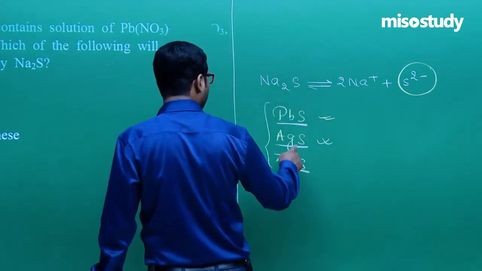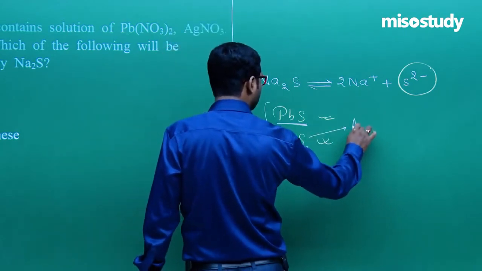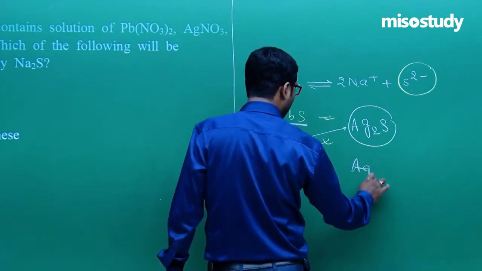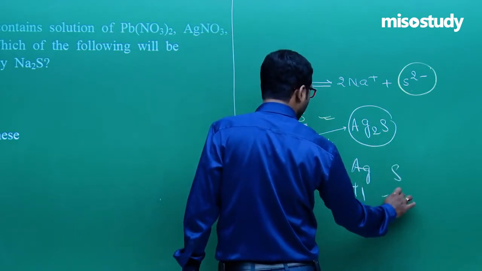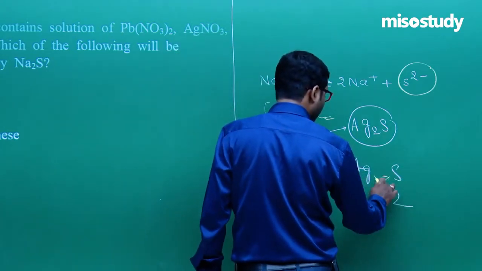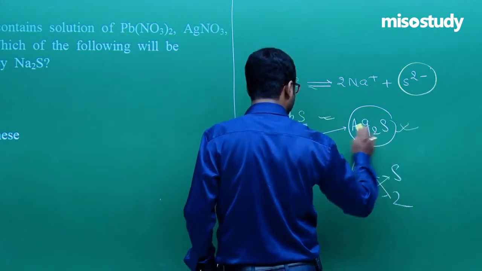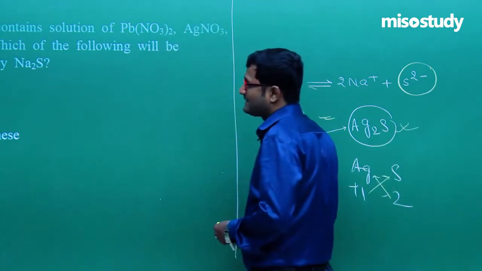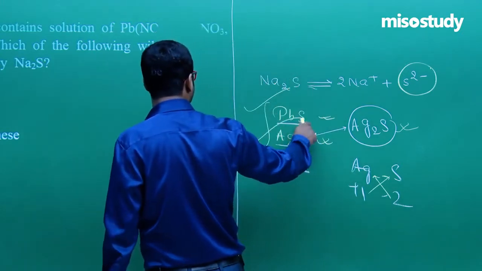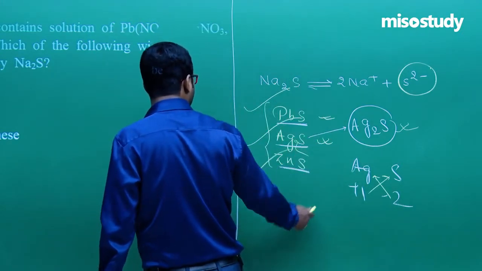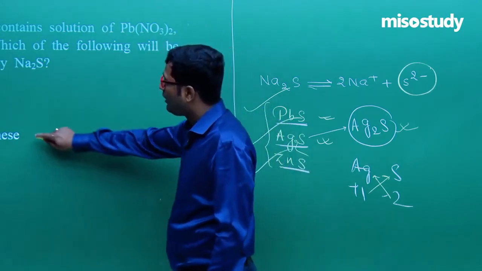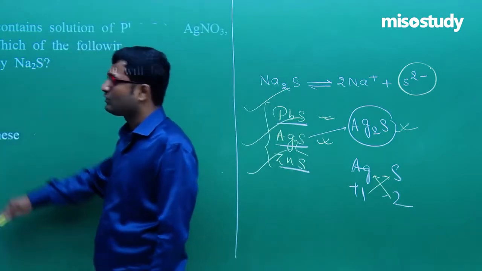One more thing we need to balance here: it will give Ag2S, because Ag has common oxidation state +1 and sulfur has common oxidation state -2. So all are precipitated: PbS, Ag2S, and ZnS. So for this question, D is the correct option.